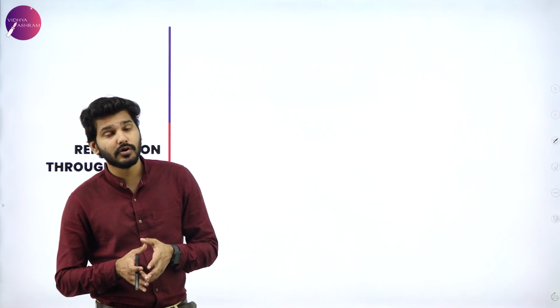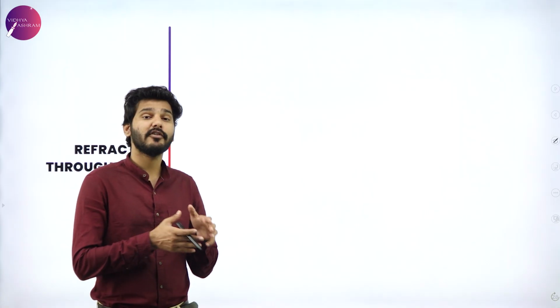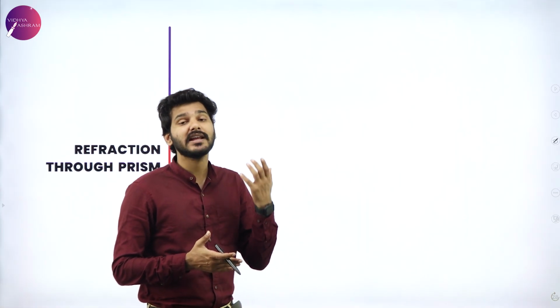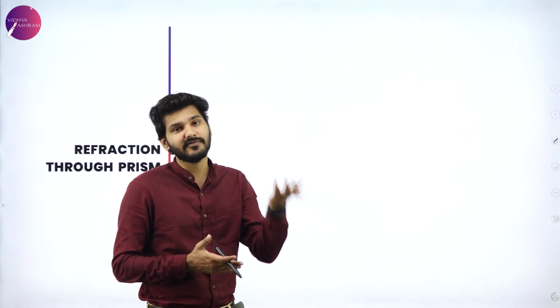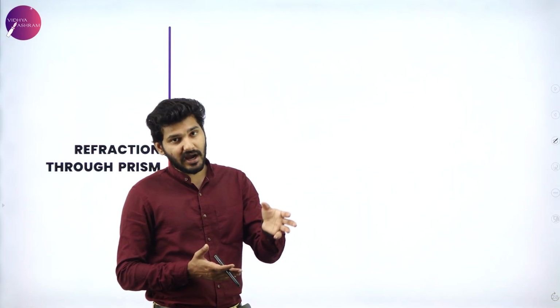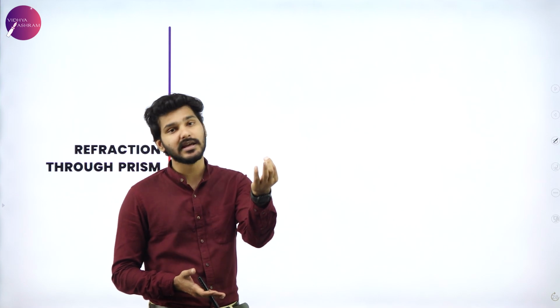Now, again, we are going to consider a graph. Before, I told you that when a ray of light enters into a prism, it bends or suffers from deviation from its original path. So if I plot this into a graph, I'll get a curve which is decreasing first and then increasing.